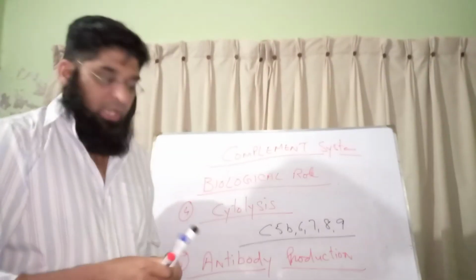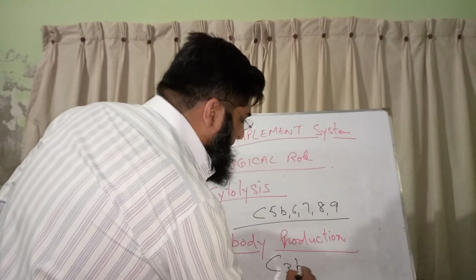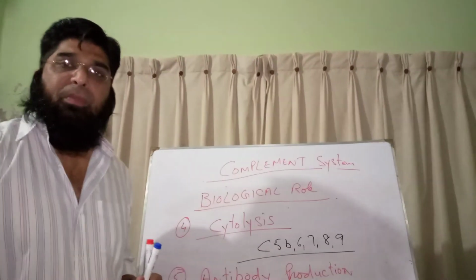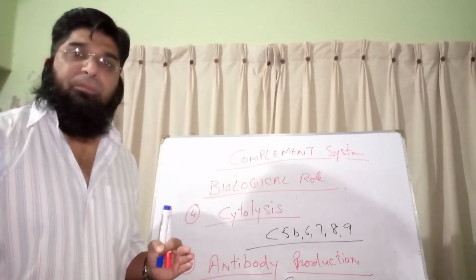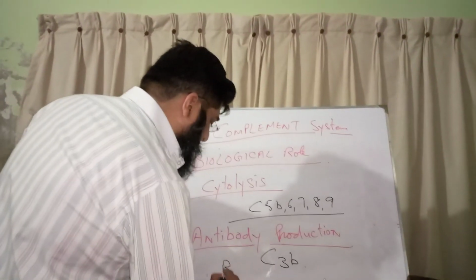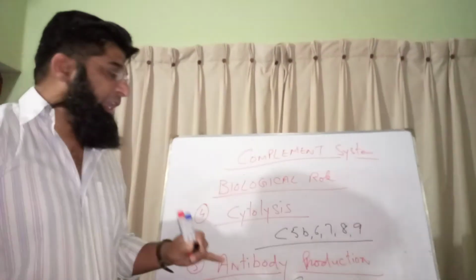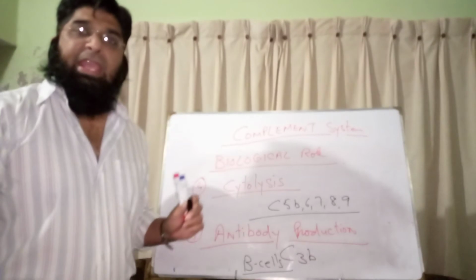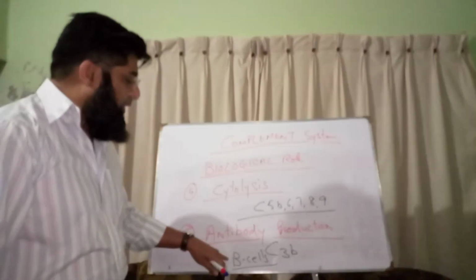Antibody production. Students, complement protein C3b becomes attached on the offending antigen, and as a result B cells, B lymphocytes, recognize C3b through their receptors, and as a result there is production of antibodies from B cells.